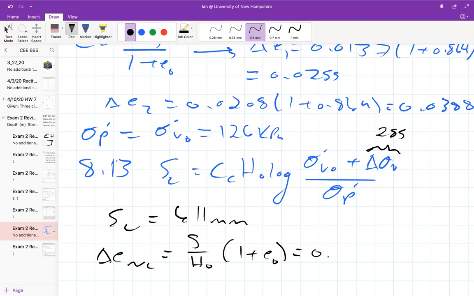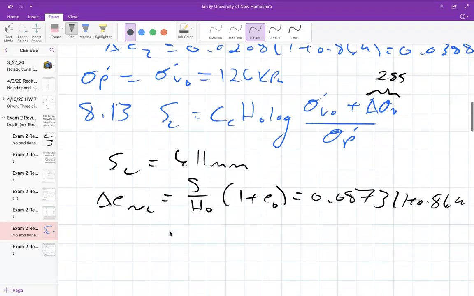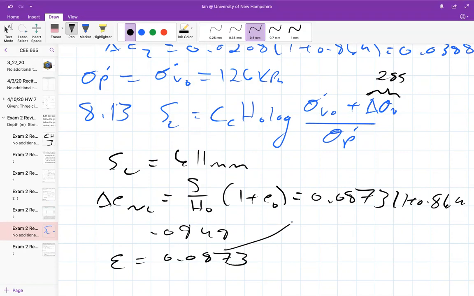So we got 0.0873 times 1 plus 0.864, which will get 0.0949, where the strain will be 0.087. I already stated that, my bad. So yeah, that's all we need for this problem.